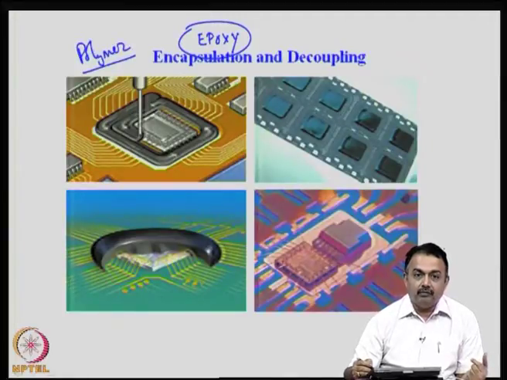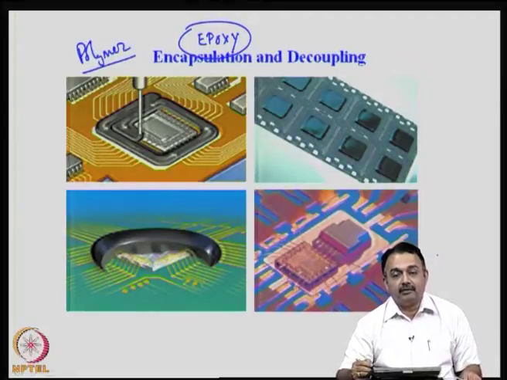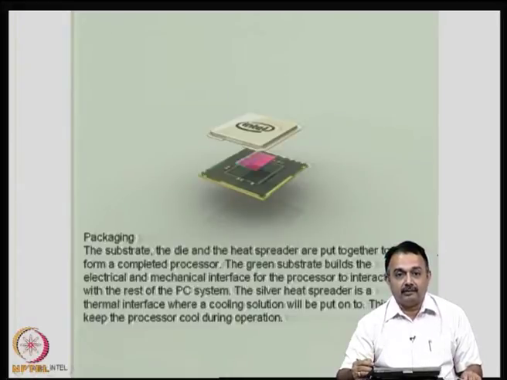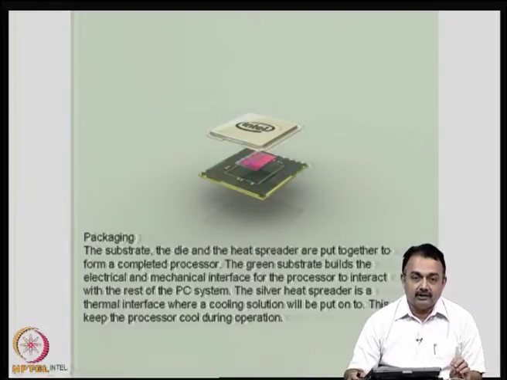There are other polymers also that can be used for encapsulation, but if you look at cost, epoxy is the most widely preferred material, and 90% of the encapsulation process in plastic packaging is done by epoxy. Now, I will continue with the description of the back end process using some illustrations.